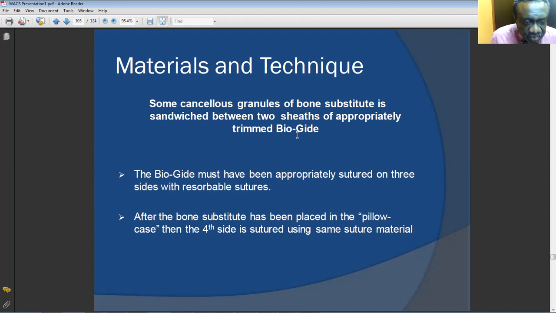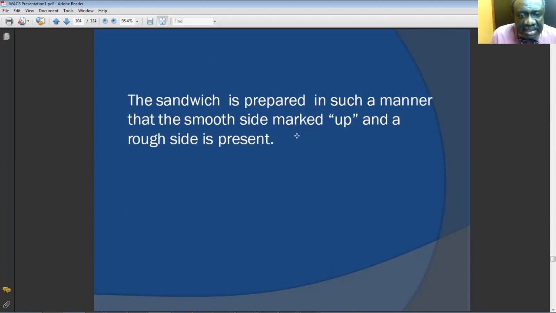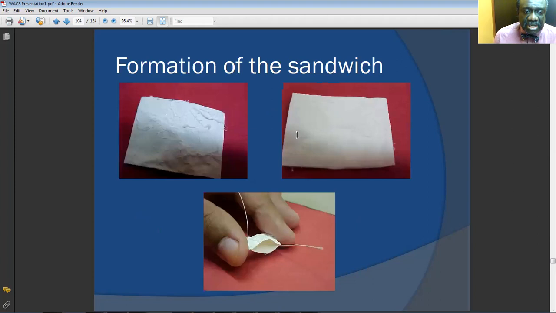So after the bone substitute has been placed in the now pillowcase, then you suture the fourth side also with resorbable suture. And then the sandwich, which is prepared in such a manner that it has a smooth side and it also has a rough side, is ready to be utilized.